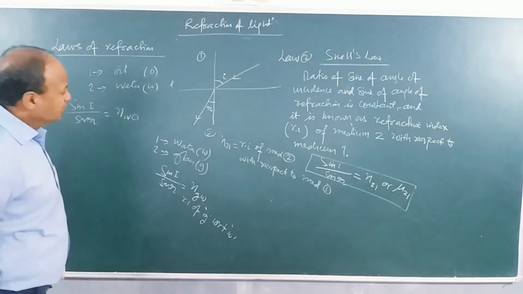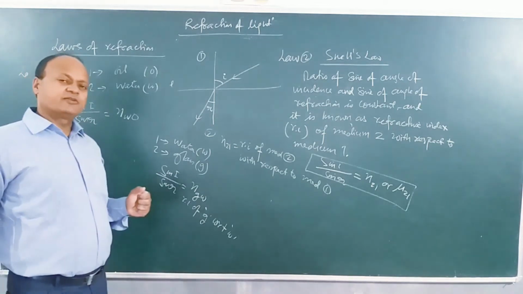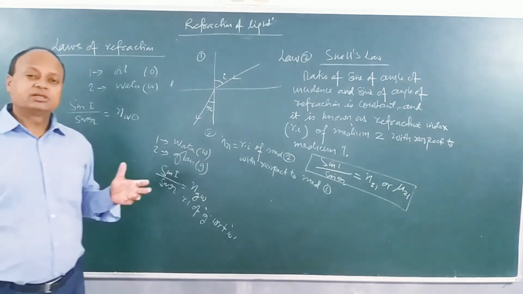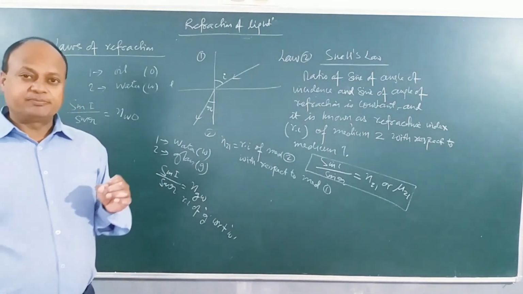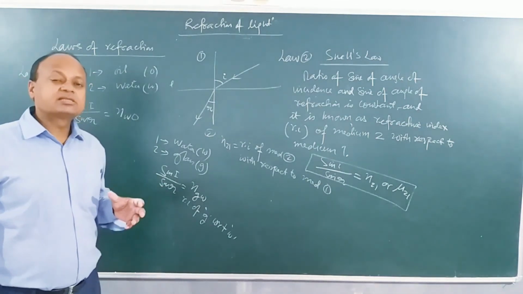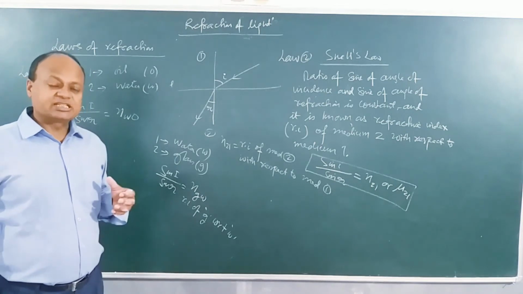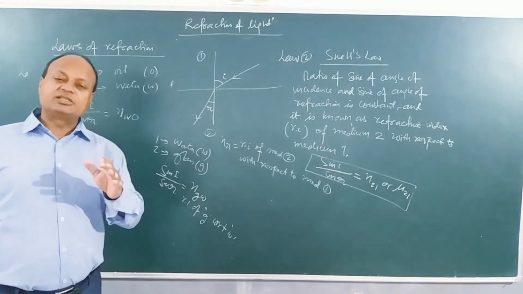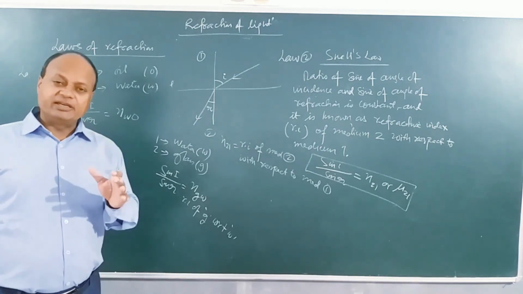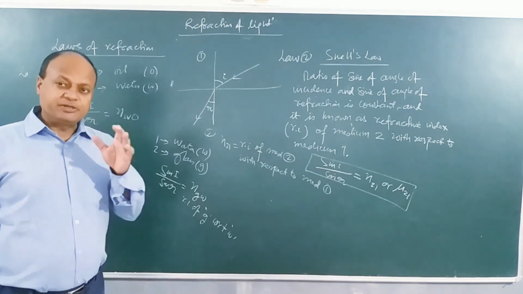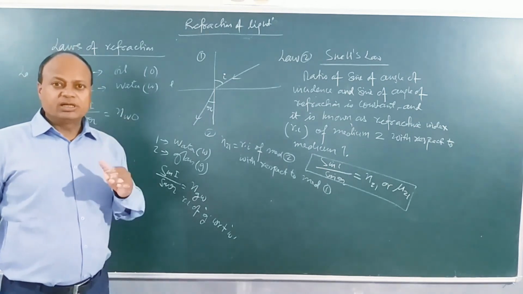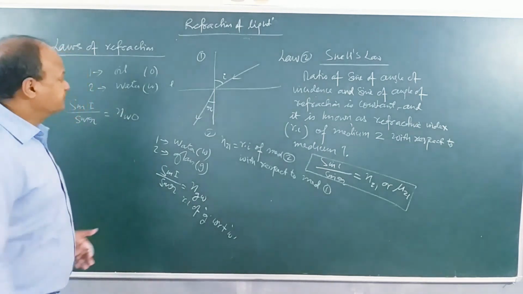Okay. Now when we started the discussion on reflection of light, then we spoke about an important phenomenon that is taking place. That is, we said that reflection takes place because the speed of light changes. So we try to establish a relation between speed of light as it is traveling from medium 1 to medium 2 and refractive index.